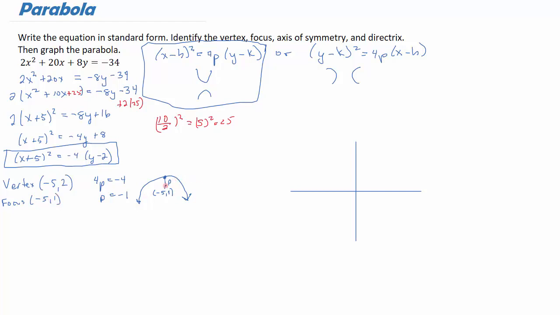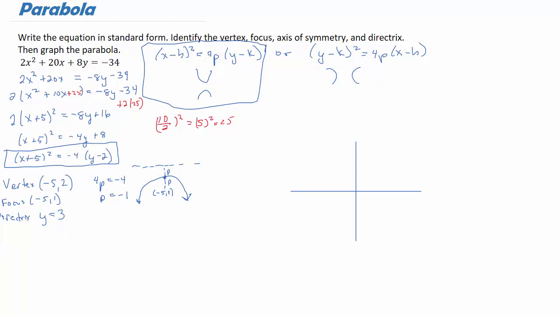We can also use this to find our directrix. The directrix is also a p distance away from the vertex, so we go up p, and we're going to have a horizontal line. And since it's a horizontal line, our directrix will be y equals 3, because we had to go up a distance of 1.